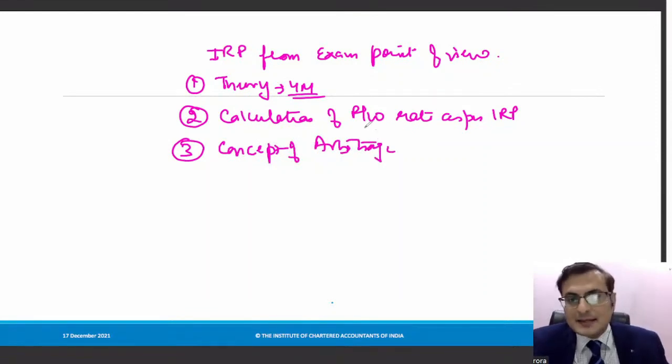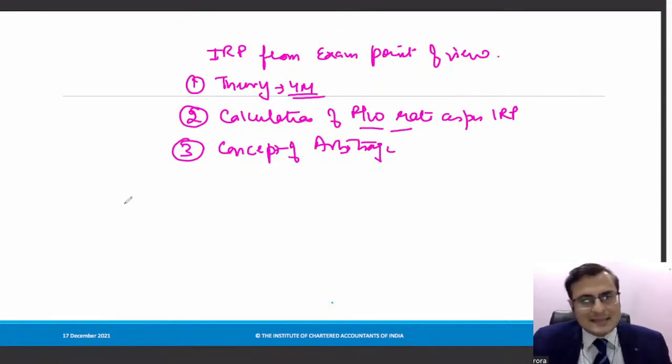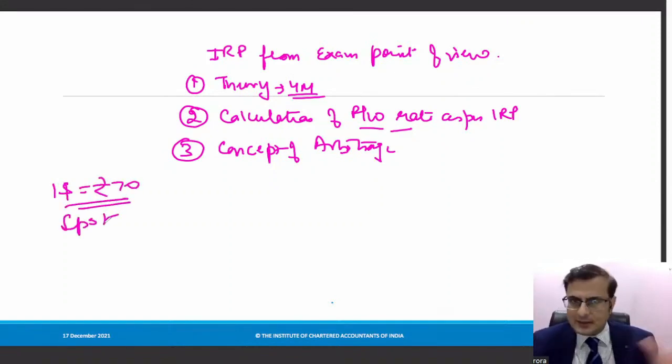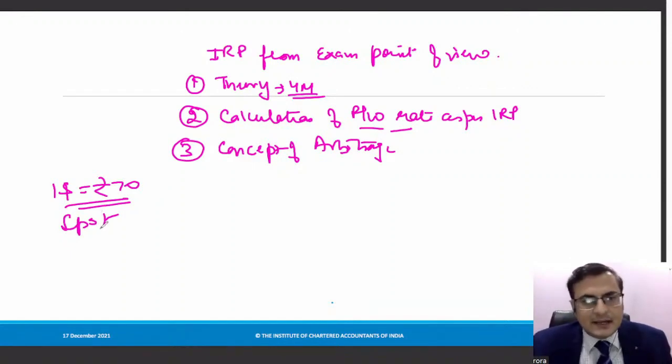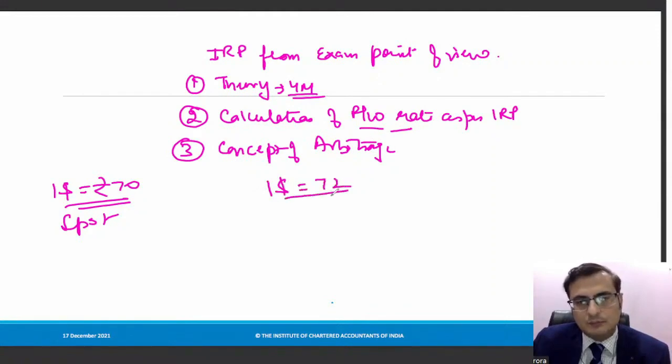Let's say $1 equals INR 70 in the spot market. Just 2 more minutes, then we'll wind up. The dollar in the spot market is 70 rupees, and the dollar in the forward market is, let's say, 72, 1 month forward.